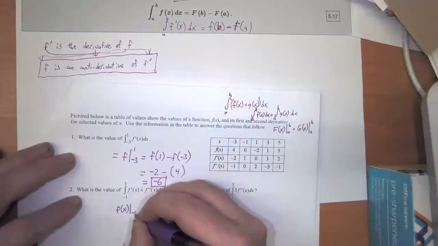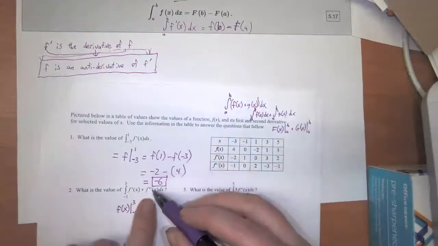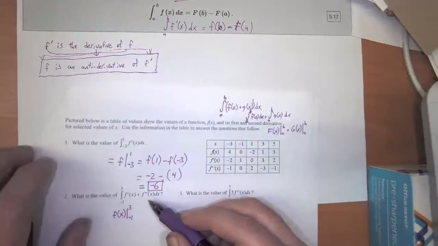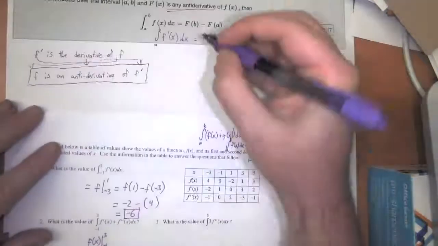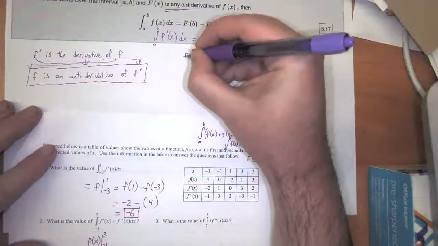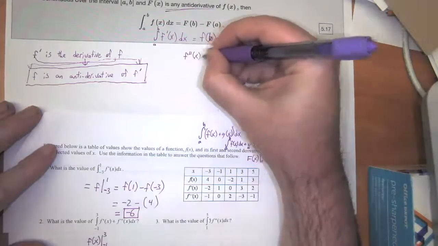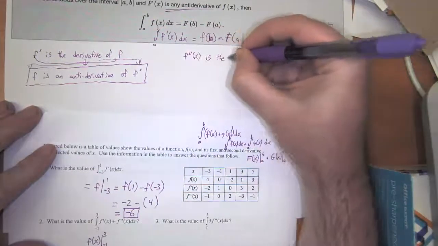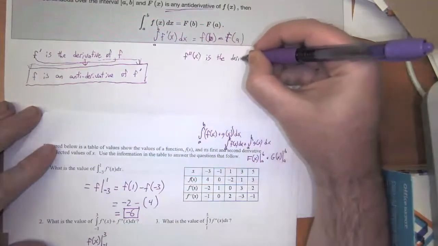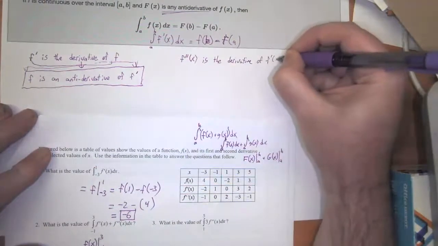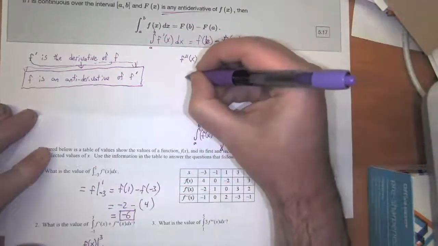from -1 to 3. And the second part is the second derivative of x. So do we know an antiderivative of the second derivative of x? Well, we know that the second derivative is the derivative of the first derivative.